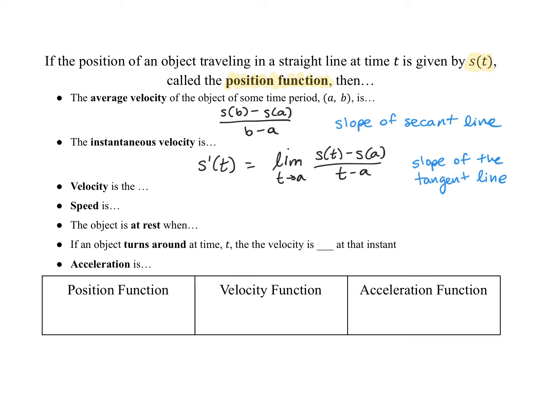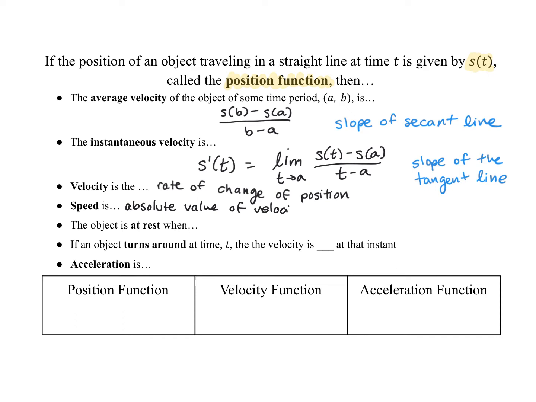All right, so velocity, just to make sure we really understand what it is, velocity is the rate of change of position, so the rate of change of the position of our object. And speed and velocity, oftentimes they're kind of mixed up, but speed is just the absolute value of velocity.